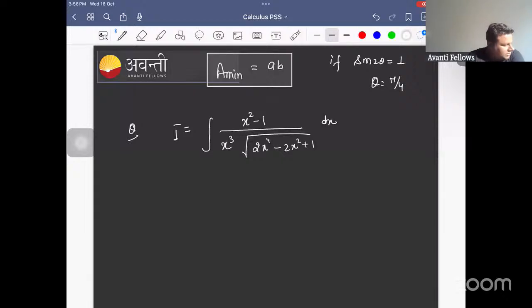Let's do one. This came in JEE 2016. X square minus 1 dx.